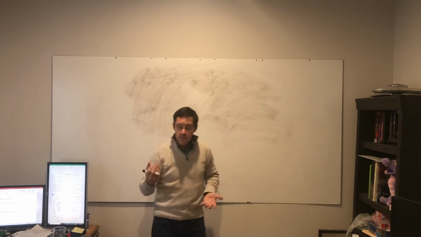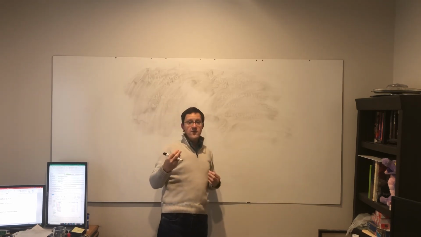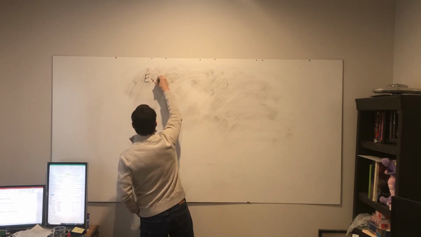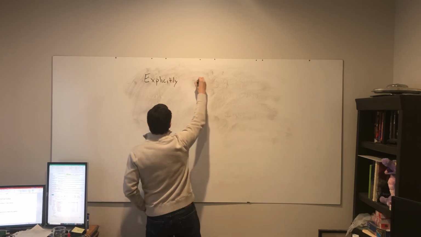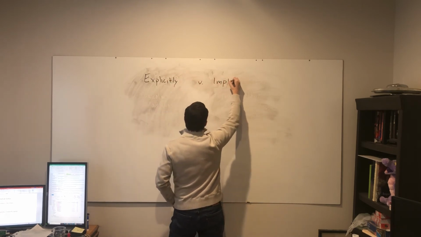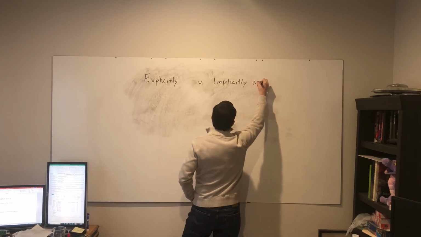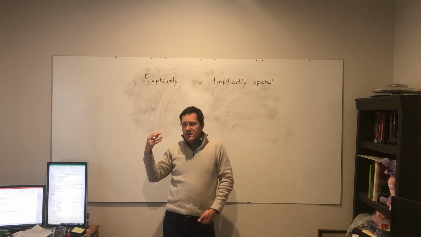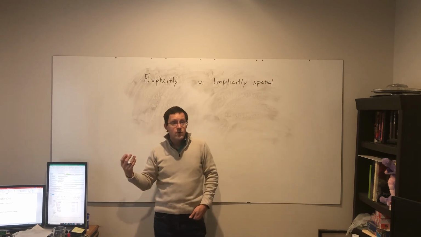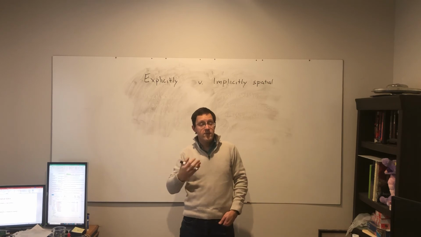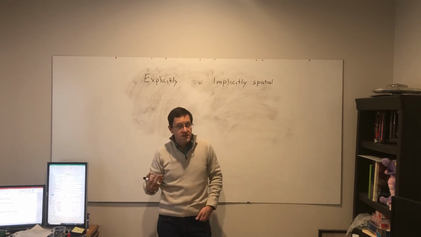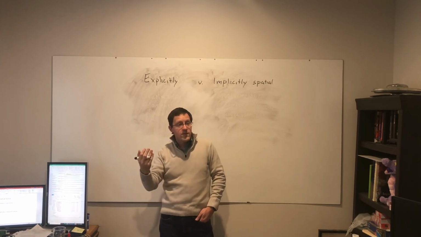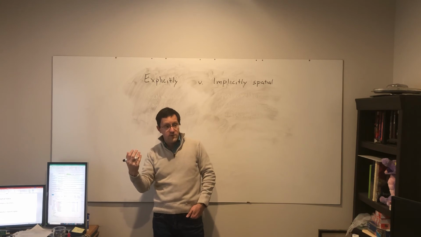And lastly, we get to how space is represented. Most of the time within geography, we are working with data that has space involved in some way, shape, or form. And the question then is, is that explicitly spatial data or implicitly spatial data?